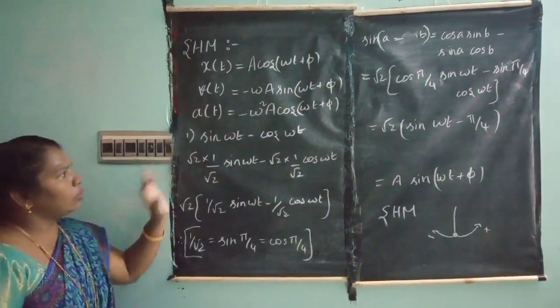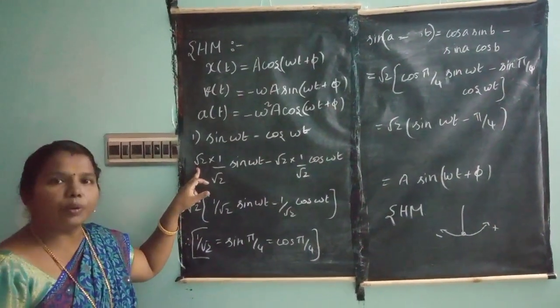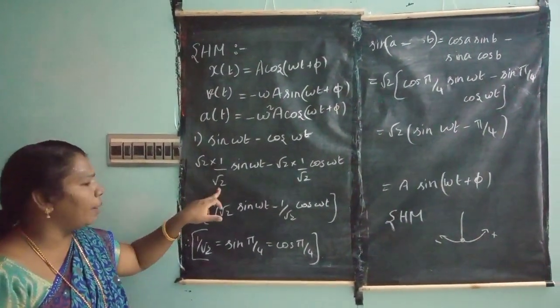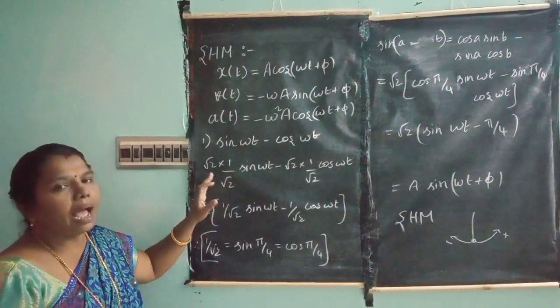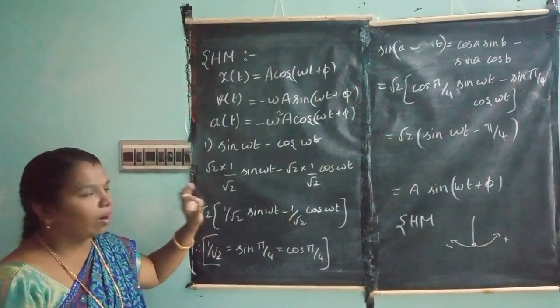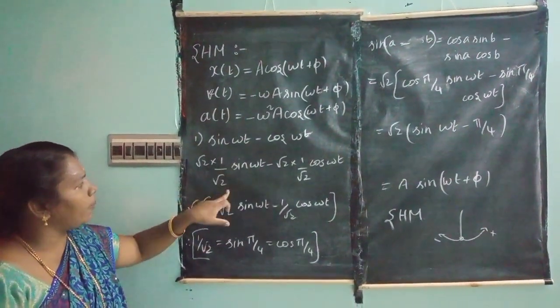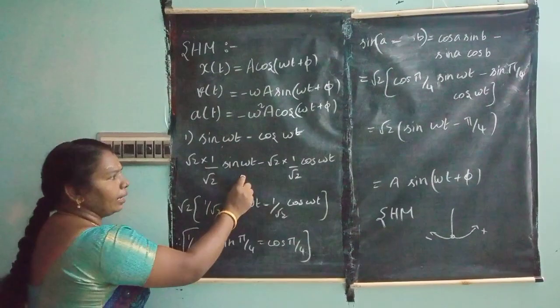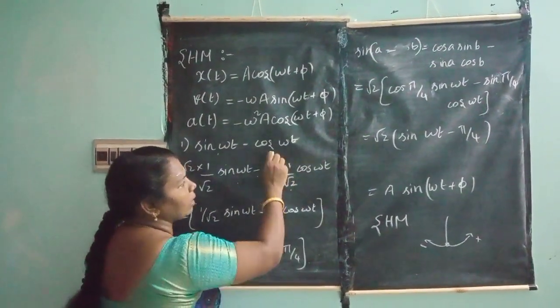See here, for that purpose I am multiplying and dividing by square root of 2 on both sides. So what is the answer I get? Square root of 2 into 1 divided by square root of 2 sin omega t minus square root of 2 into 1 divided by square root of 2 cos omega t.